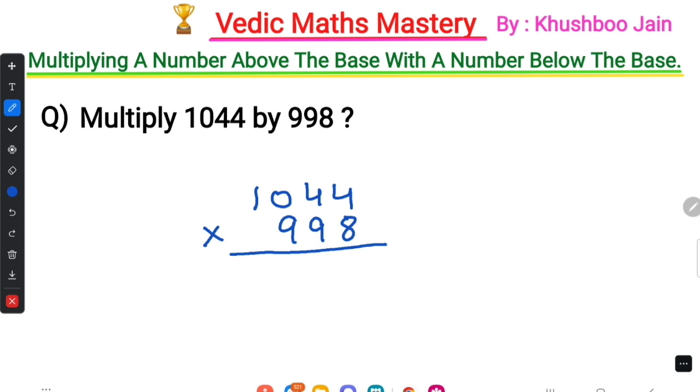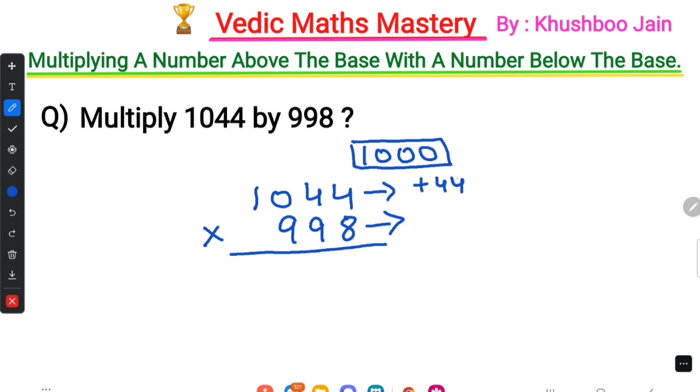For the first step, we have to find out the base. So the base is 1000. The base is 1000 and the differences are what? Just find out the differences. As you can see here, the difference is 44.